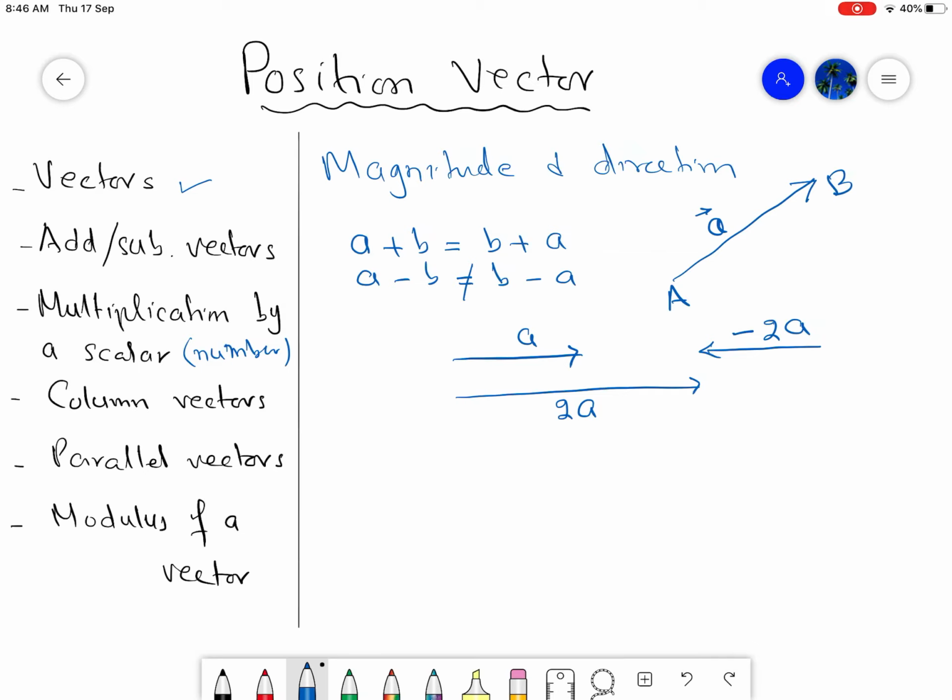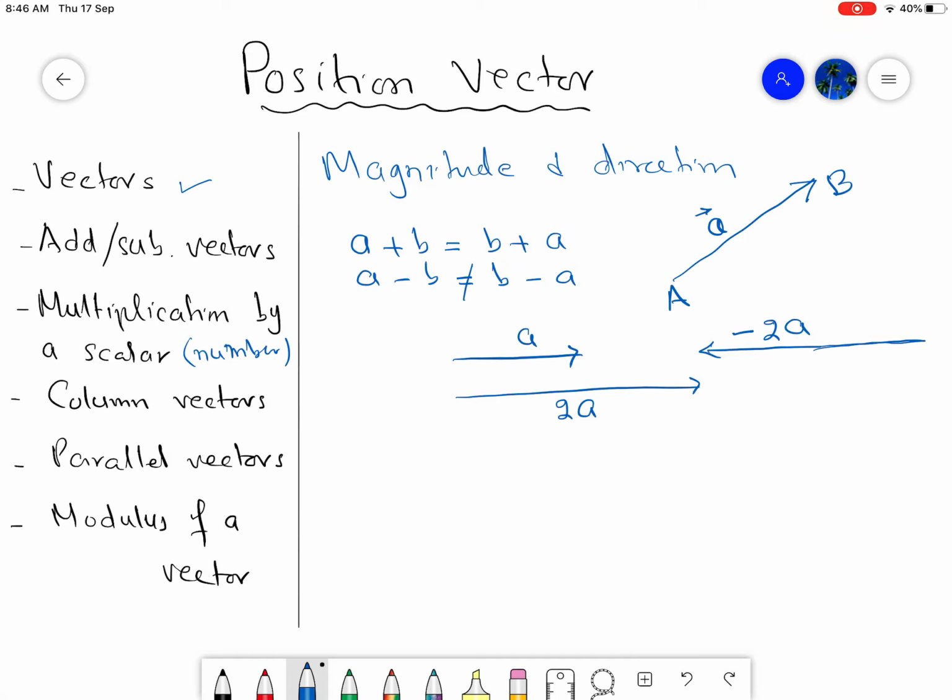So this is minus 2A. It is still a parallel vector to A, but its direction is opposite to vector A, and because it is multiplied by 2, the length is increased. It has twice the length of vector A.